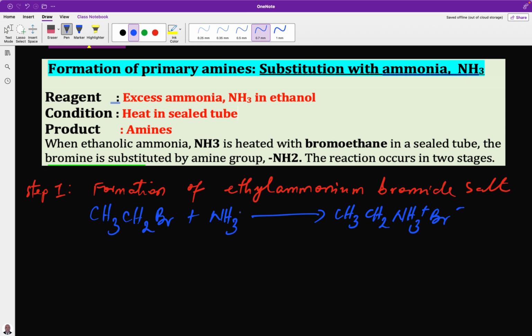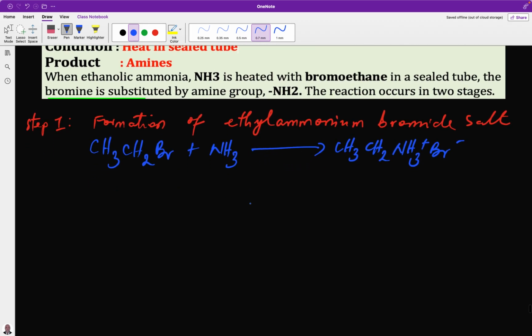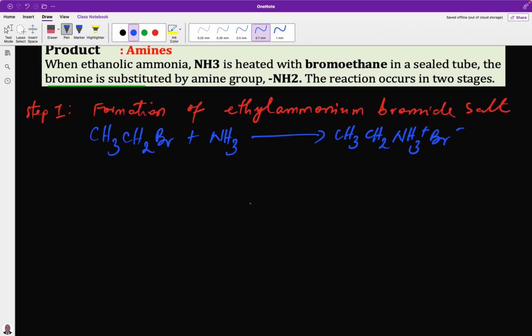Then, under stage one, I'll show you how the mechanism is going. Stage one has to do with bromoethane. This is bromoethane.